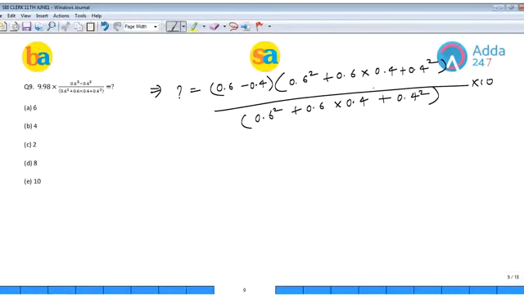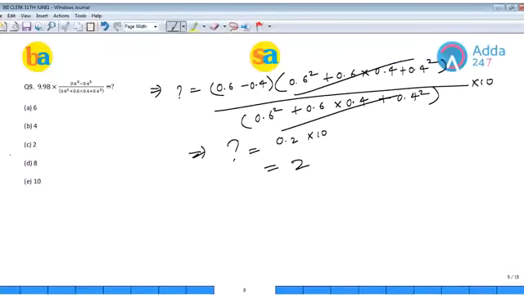So this will get cancelled by this. This implies question mark is equal to 0.2 into 10 is equal to 2. So the correct option is C.